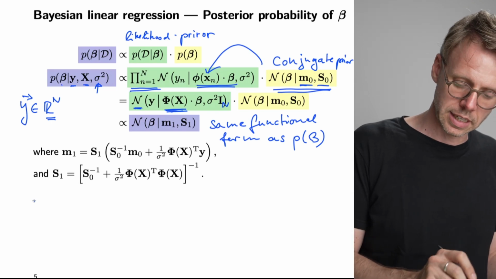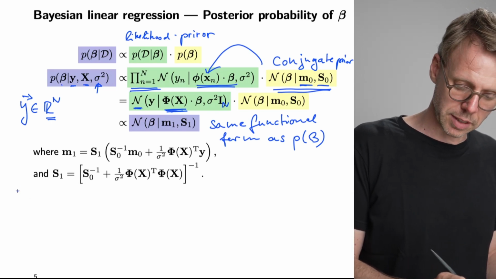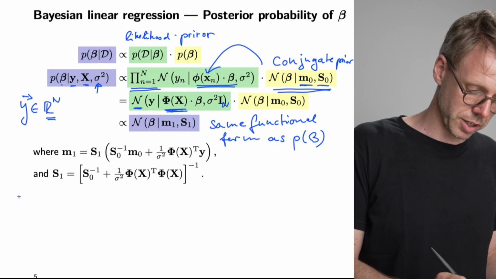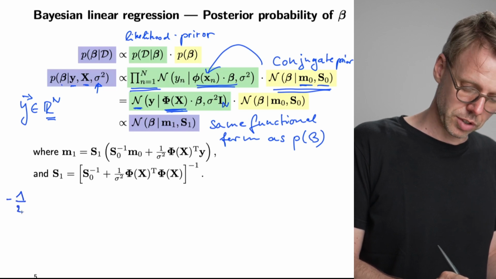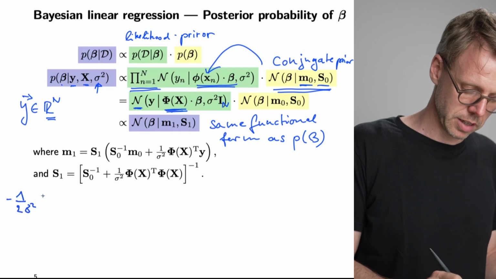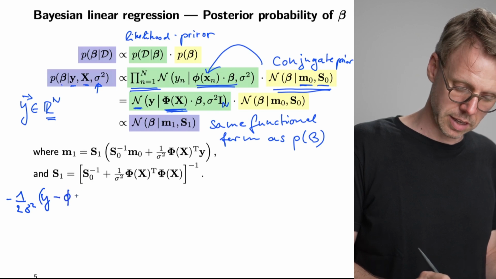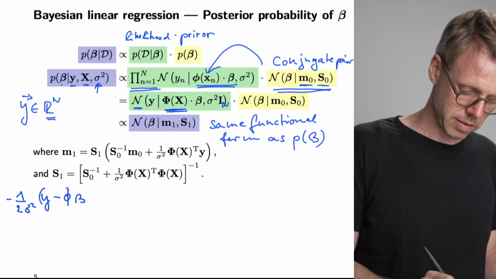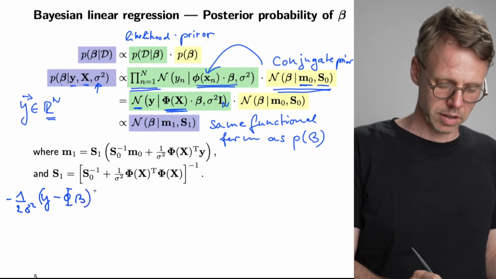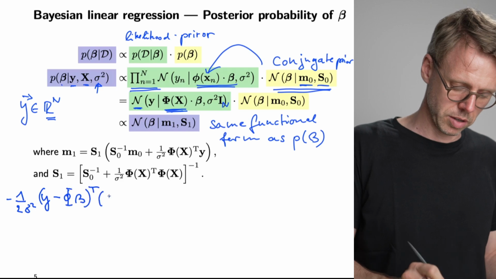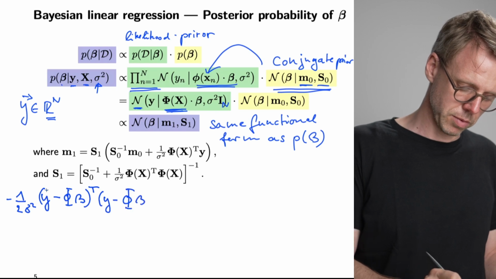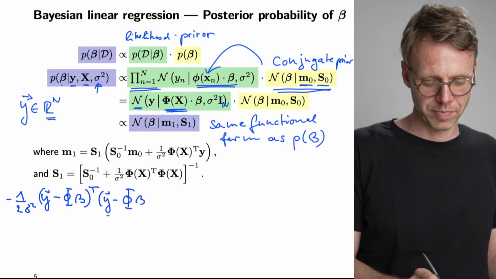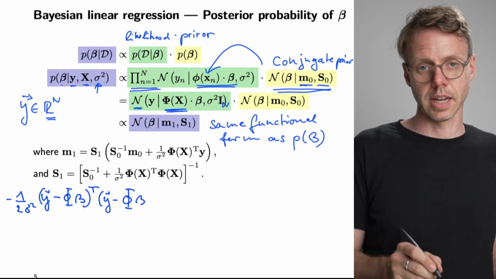So if we look at the part in the exponent, we get for the likelihood minus 1 over 2 sigma squared times (y minus phi beta) transpose (y minus phi beta), where this is of course the vector of all y's, and this is the design matrix times the regression weights.